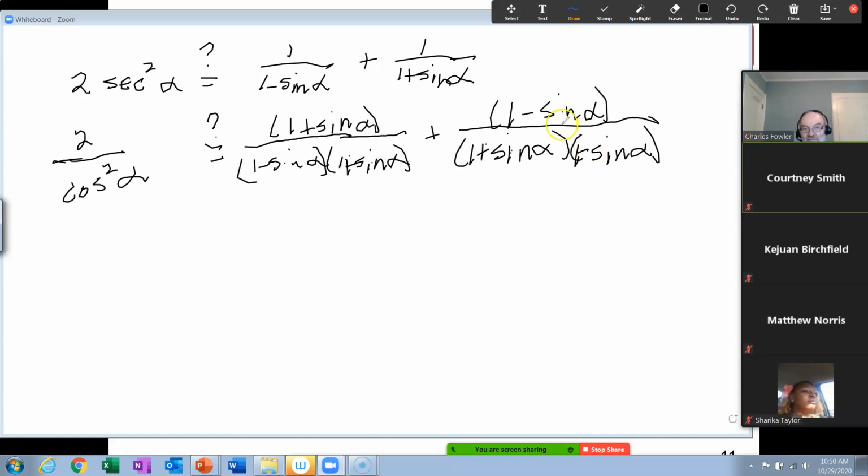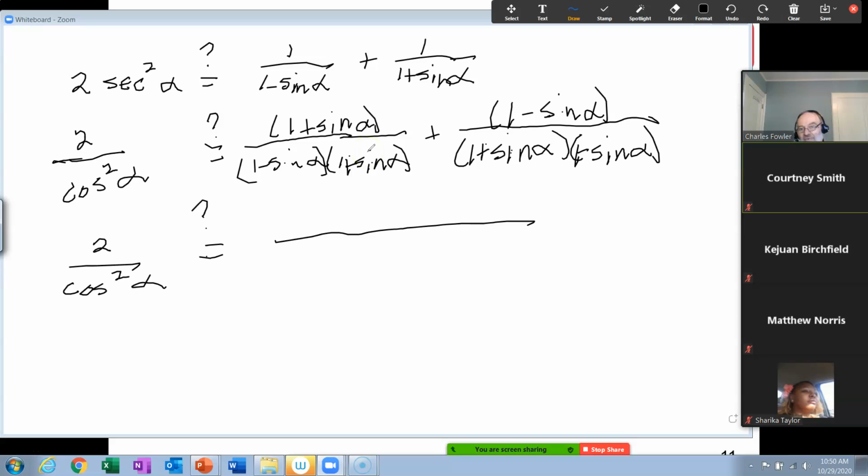Okay, these two have to be the same, those two are the same. All right, so what do we have? 2 over cosine squared alpha, not much that we had to do there, done. Is that equal to, now we have a least common denominator, so we can add the numerators together, keeping the denominator. Let's multiply those 2 denominators together.